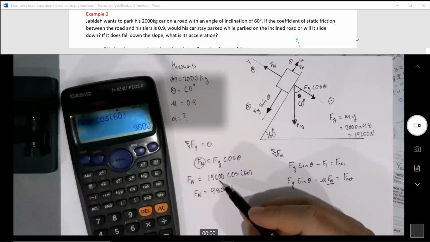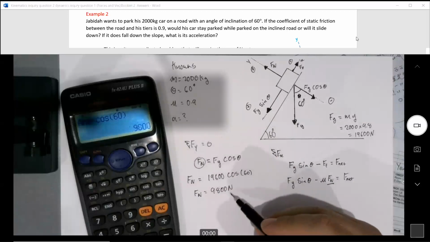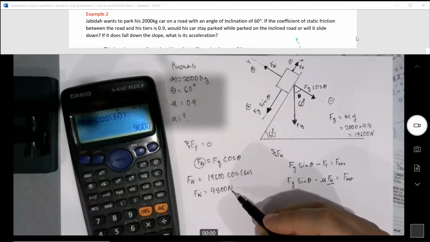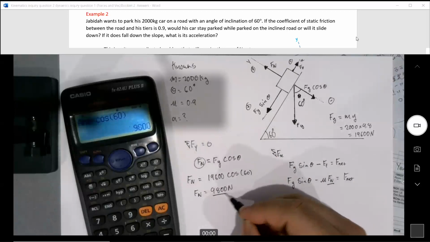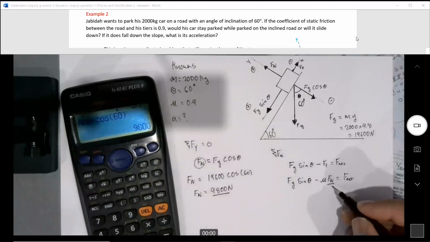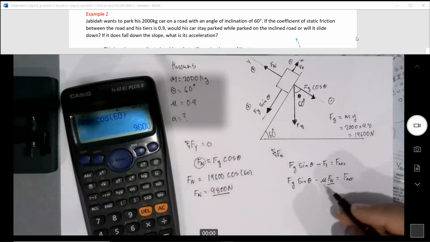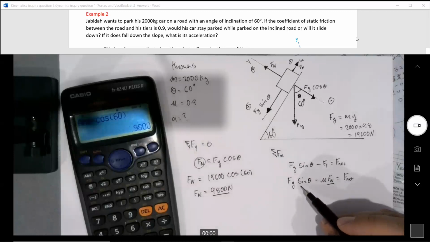So we proceeded to do that. We figured out that the normal force, or the pressing force between the surface, the car tires, and the gravel is 9,800 newtons. So now we've got a value that we can put there, and we can solve the rest of this expression here.